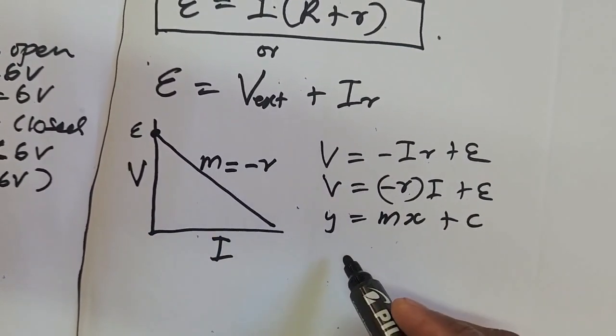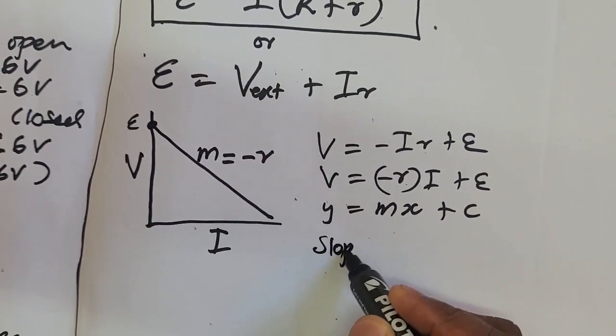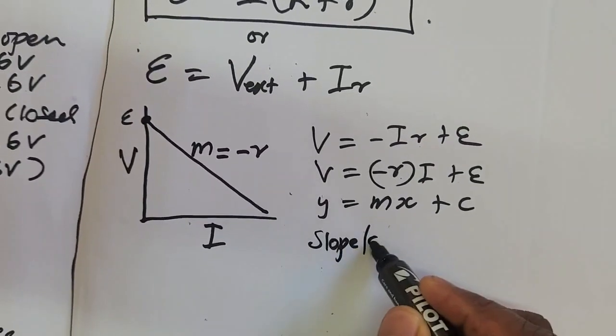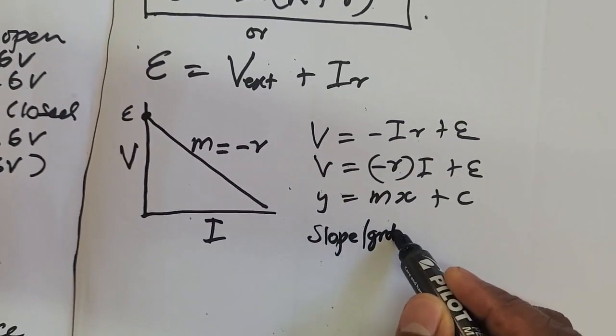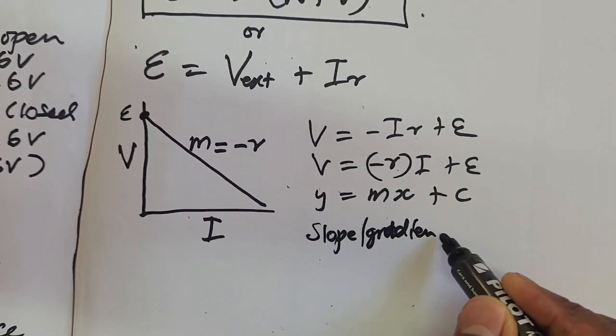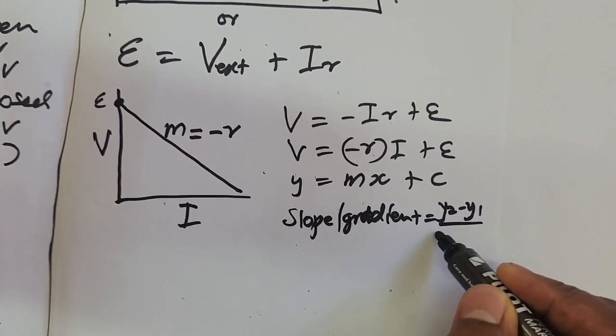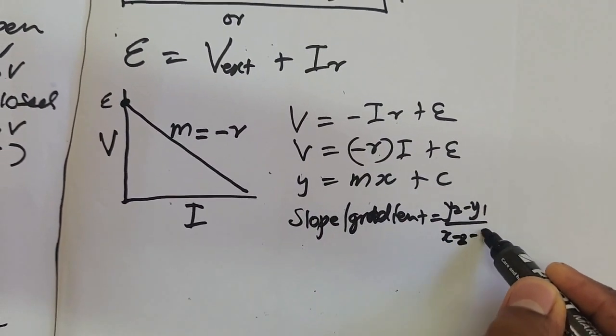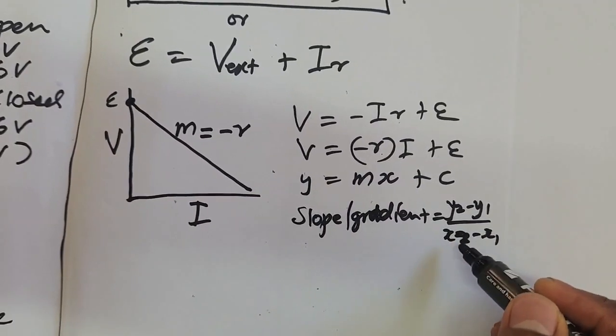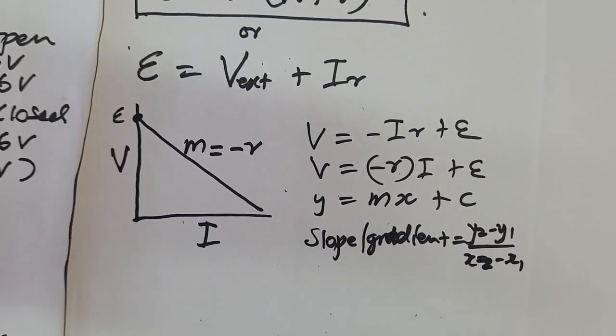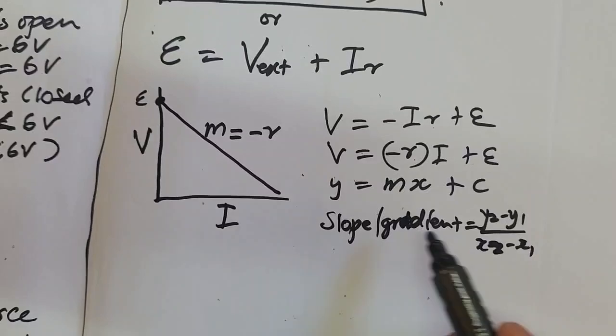So if you want to find the internal resistance, it is very easy. You find the slope, or the gradient. Just choose any two points that lie on the graph and use y2 minus y1 over x2 minus x1. The slope will be negative.